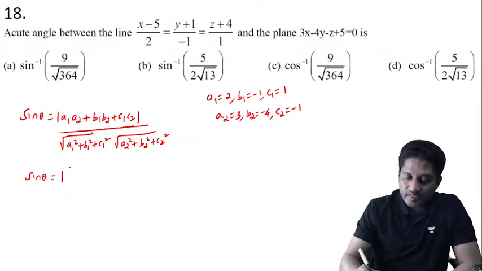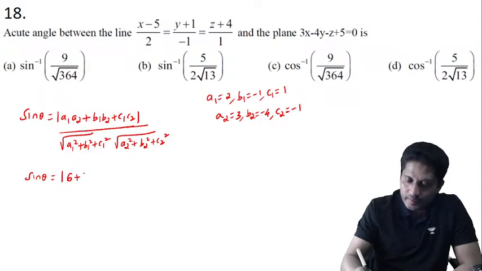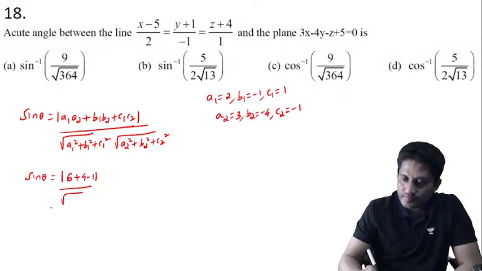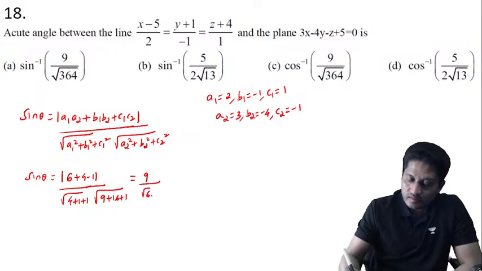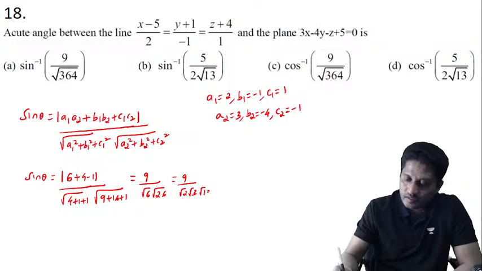Now the angle between line and the plane is modulus of a1 a2, b1 b2, c1 c2 by root of a1 square plus b1 square plus c1 square into root of 9 plus 16 plus 1. You will get this as 9 divided by root 6, this is root 26. 9 divided by root 2 into root 3, then this is root 13 into root 2.